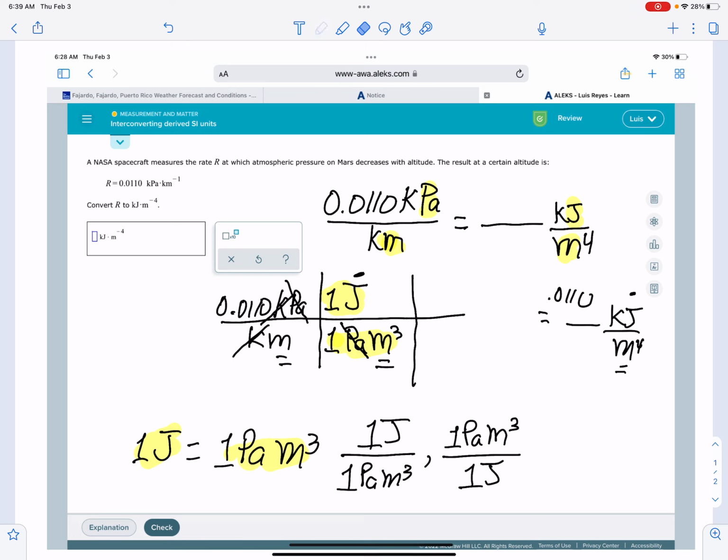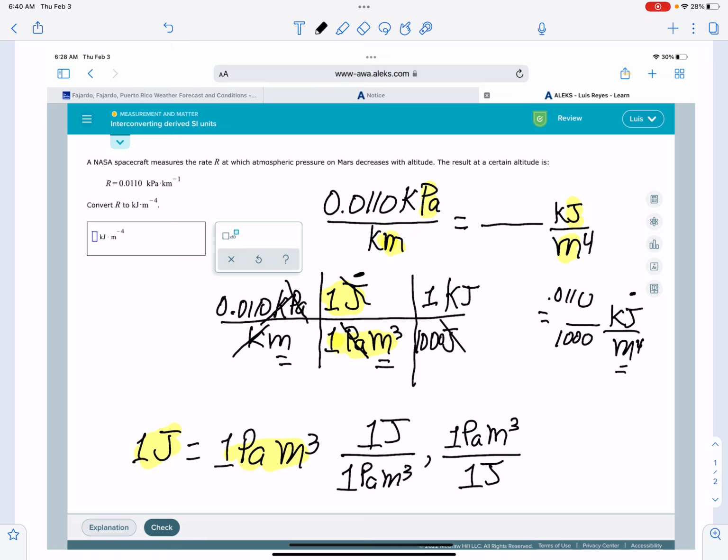So you don't want joules because you want kilojoules, and 1 kilojoule equals 1,000 joules. So joules cancel with joules. So now you have kilojoules by itself on top, but now you have to divide by 1,000 there.